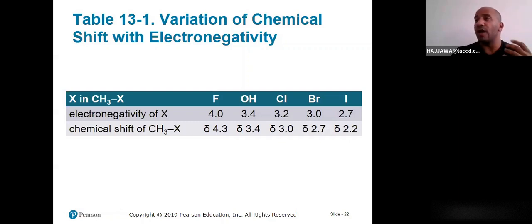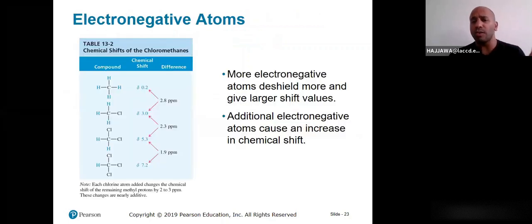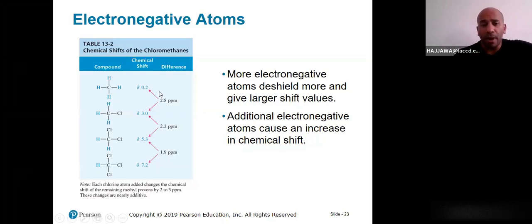And the deshielding effect is usually because of the electronegativity of the atom that's attached to that side of the molecule. You can see it also clearly here, where if I have methane, the hydrogen will show up around 0.2 ppm. But if I have 1 Cl attached to the molecule, then I will have a 3 ppm reading, versus 2 chlorines attached, you will read it at 5.3.